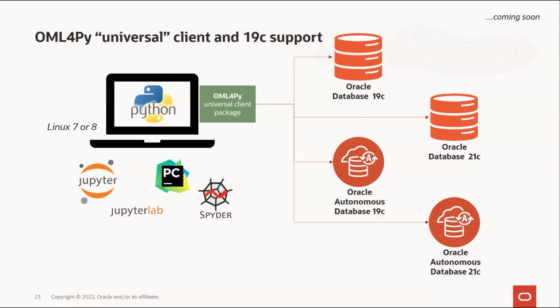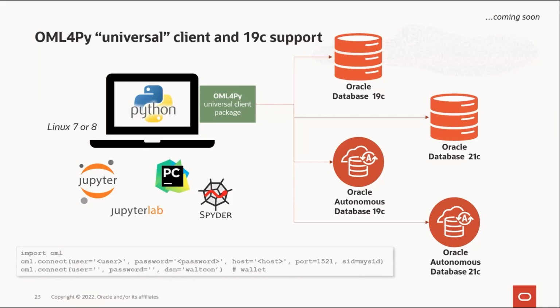Of course, this is important for users who want to work with OML4Py on Autonomous Database, but also take advantage of third-party IDEs and other notebook environments like JupyterLab. It further allows switching between on-premises and Autonomous Database instances using the same client package. Users can connect in a variety of ways using the oml.connect function, either through explicit user and password or using an Oracle wallet.